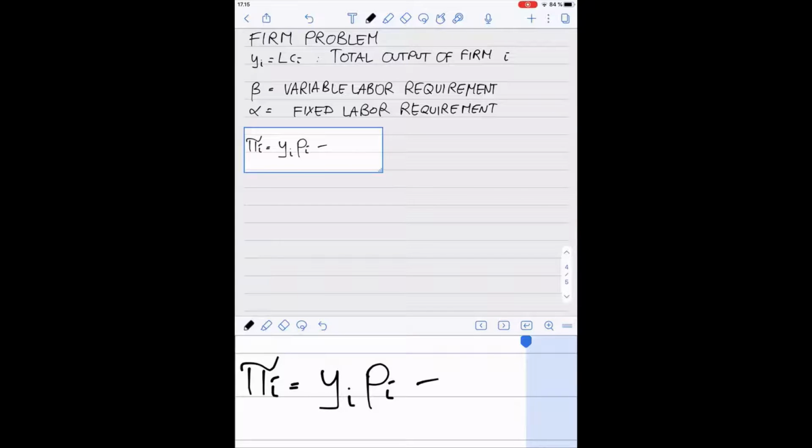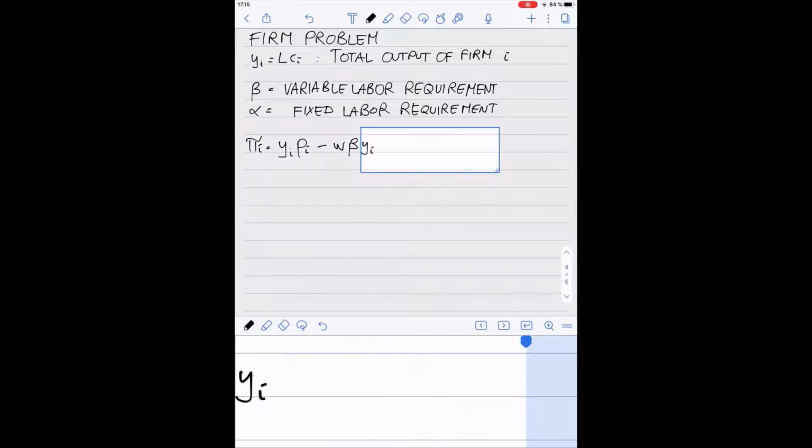So we have W times beta, where W is the wage and beta is the number of units of labor you need for each unit of output, times yi. And then we have the fixed labor requirement, so we have W alpha. Alpha is the number of workers you need for the fixed costs, and W is the wage.